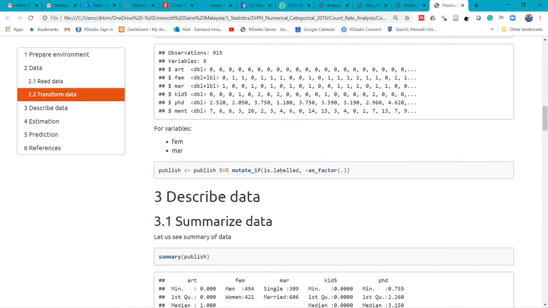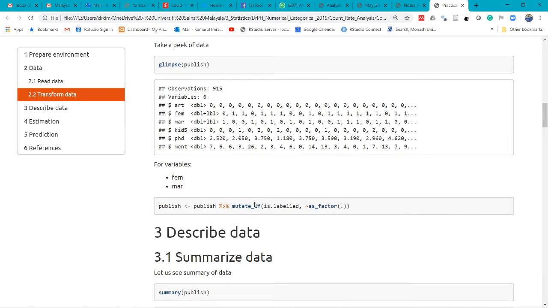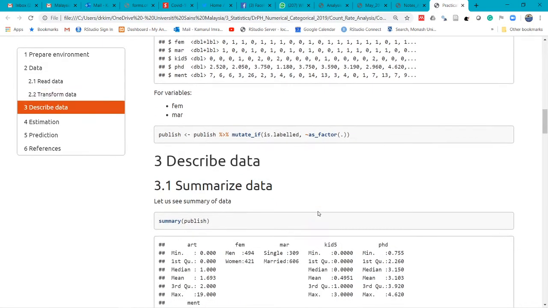All right. So what I did is use the function mutate underscore if, where if the variables are label variables, they will be converted or generated as factor.